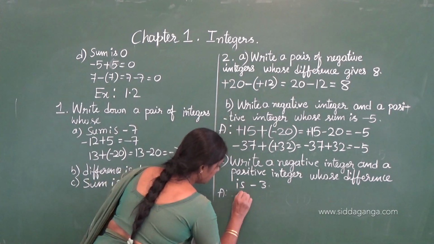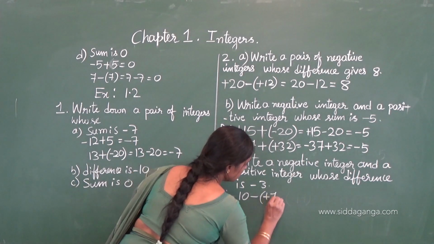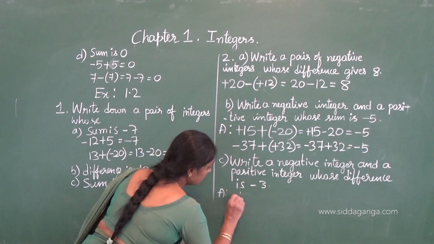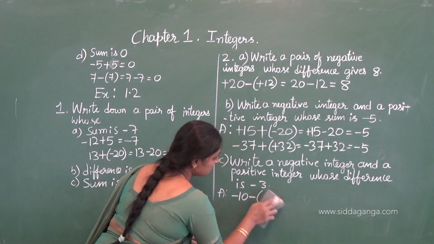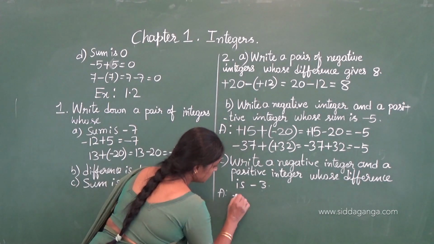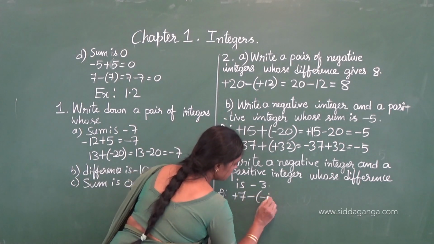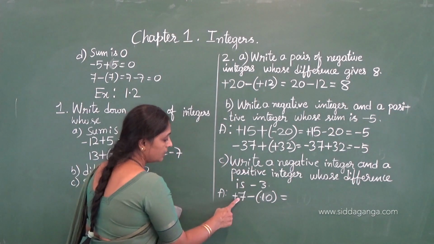Here I take 7, so minus 10 minus of plus 7, I take 7 here, plus 7 minus of plus 10, then I get minus 3.